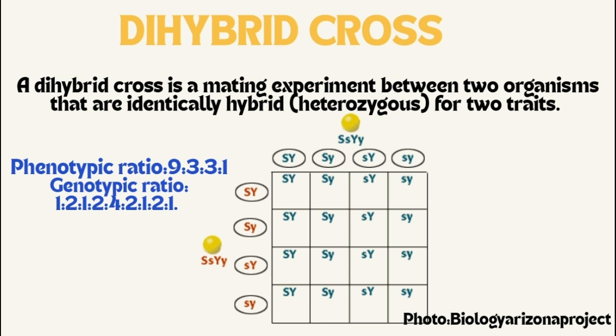So we're going to end up with 16 boxes in order to do a dihybrid cross. And the phenotypic ratio is going to end up as 9 to 3 to 3 to 1. Genotypic ratio, you're going to end up with 1 to 2 to 1 to 2 to 4 to 2 to 1 to 2 to 1, right? So this is what is expected at the end of the day for the dihybrid.